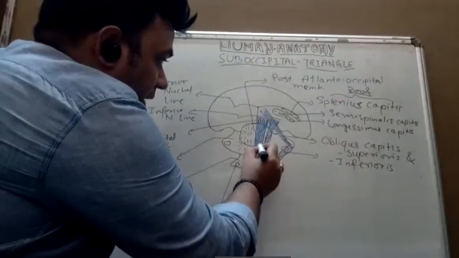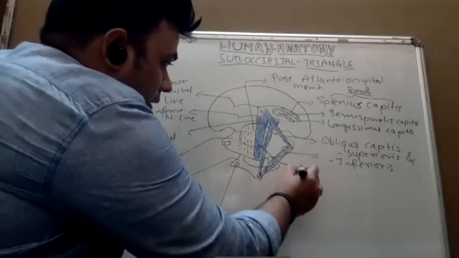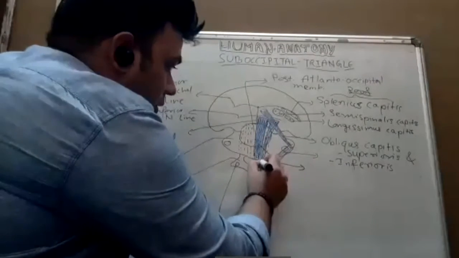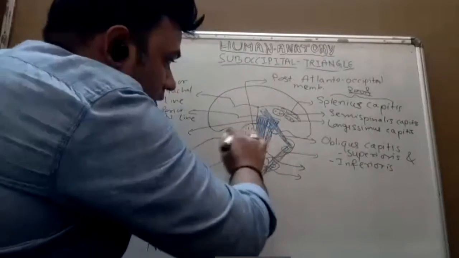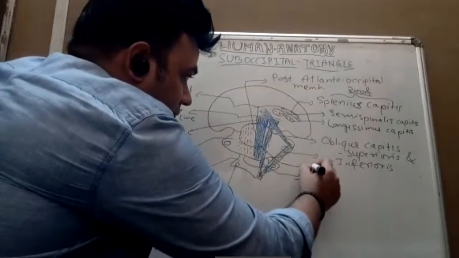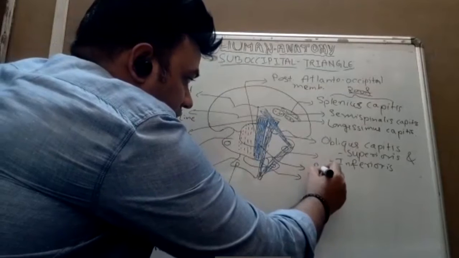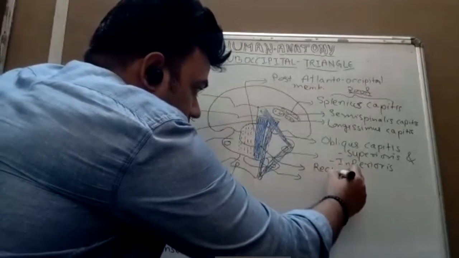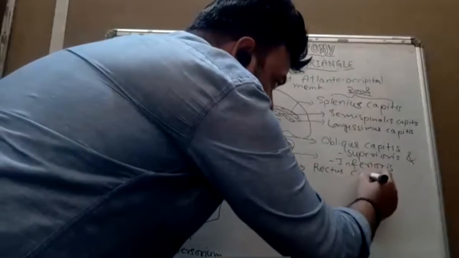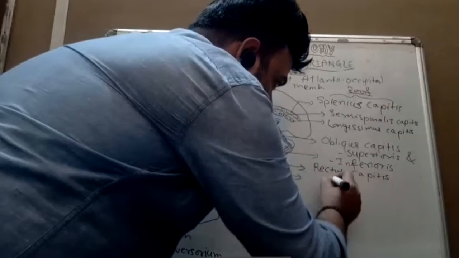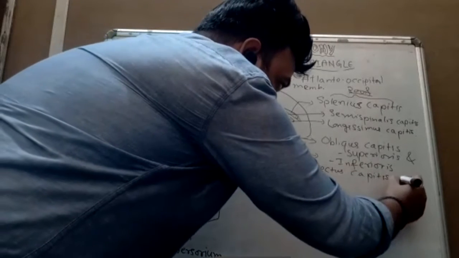The medial boundary is formed by these two muscles. Which one is medial? The rectus capitis posterior is the common name.